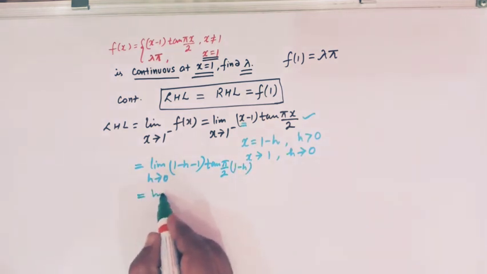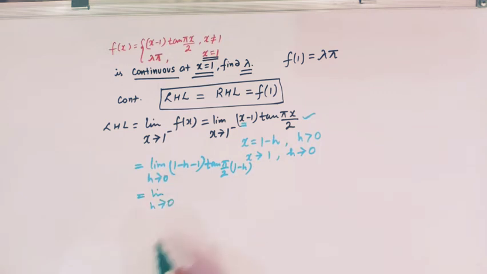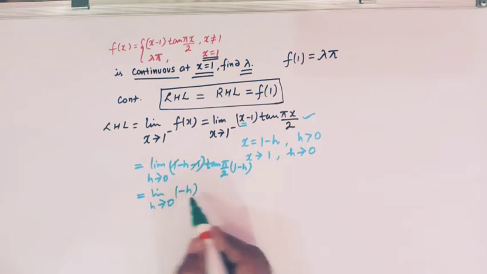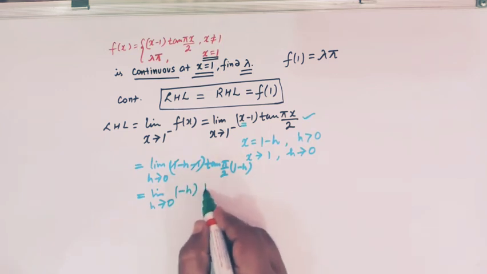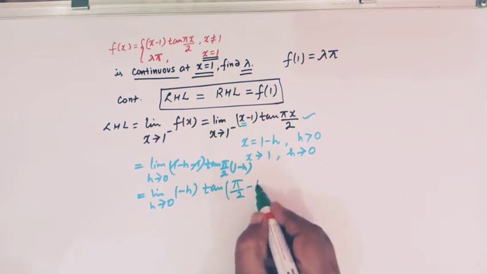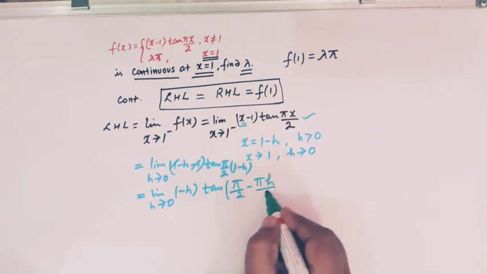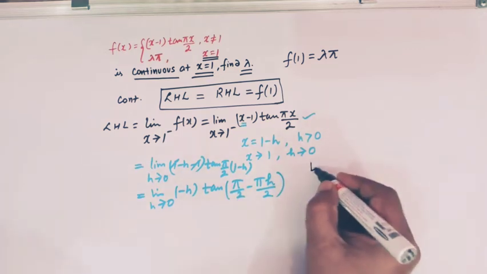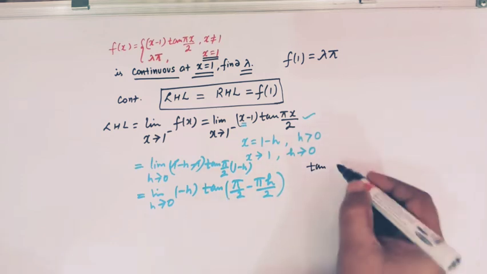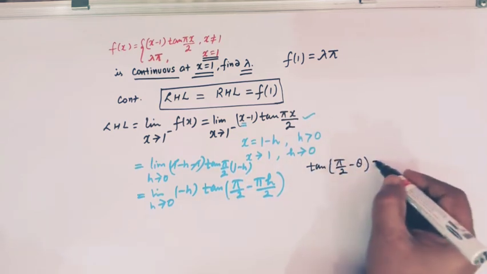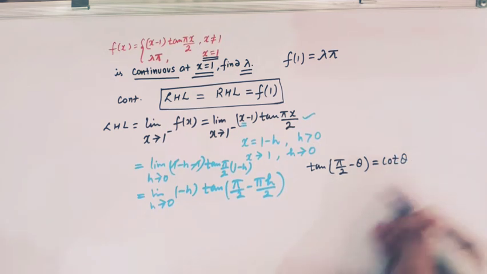Now we can simplify it. This is the limit as h tends to 0, where 1 and 1 get cancelled, so we are left with -h, and here we have tan(π/2 - πh/2). Now we'll use the trigonometric result that tan(π/2 - θ) is equal to cot θ.